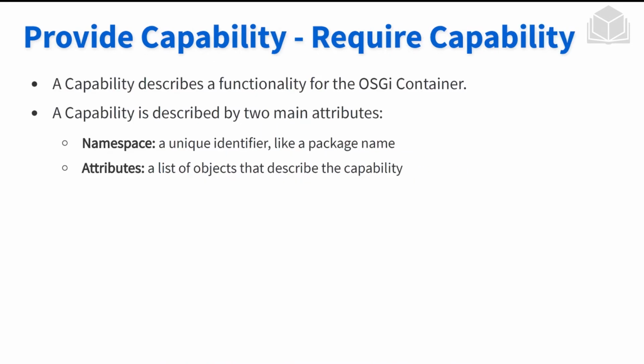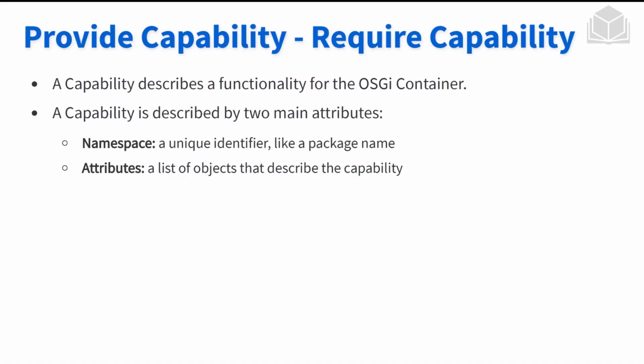Another way that we can share features is using the provide capability and the require capability. What makes up a capability is a namespace and attributes. The namespace is a unique identifier that we as the developers can declare. So the namespace can be whatever sort of descriptive name you want. That's also the same with attributes. You can also declare what sort of attributes you want alongside of the capability.